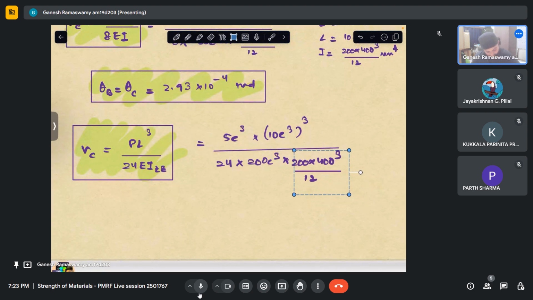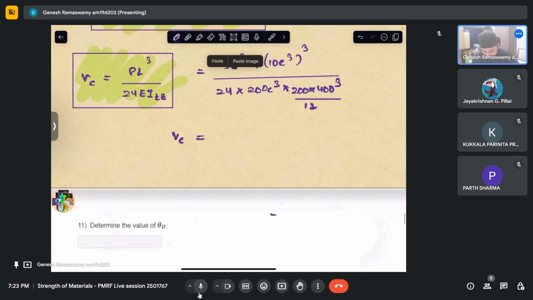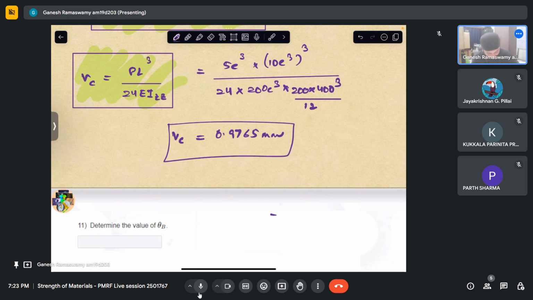So this comes out to be VC, 0.9765. So hardly 1 mm in the middle.